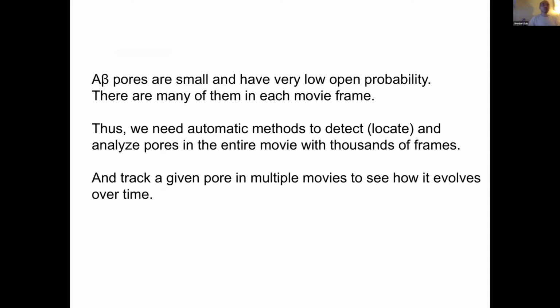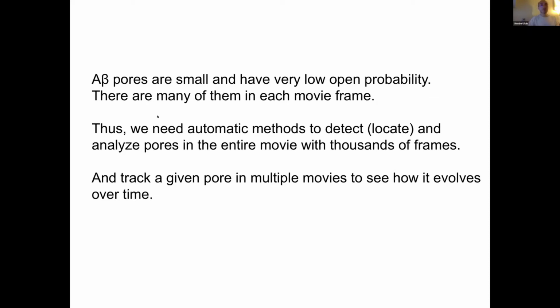To make things worse, these pores are extremely small. They are basically a few nanometer size pores, and their open probability is really, really low. In other words, in a 30-second-long video, if you zoom in on one pore, that pore would open just a few times, sometimes even once, for 2 or 3 milliseconds, and then disappear.